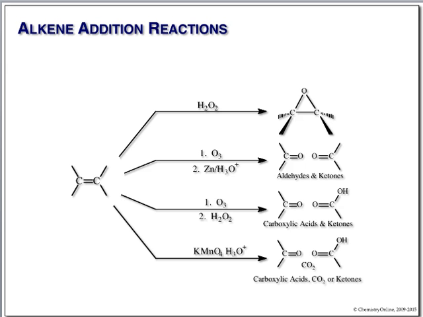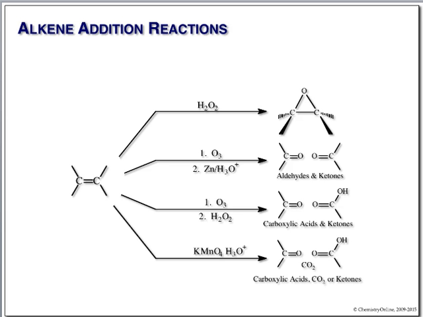Instead of doing dissolving metal reduction, we could do oxidation. So for our second step, if we dump in an oxidizing agent like peroxide, we still split, both carbons still become carbonyls, but instead of aldehydes, we get carboxylic acids and ketones.